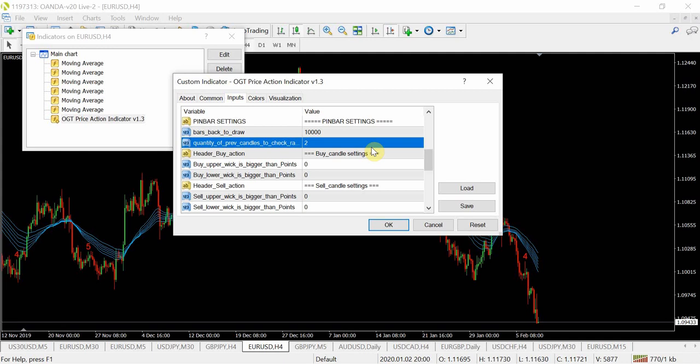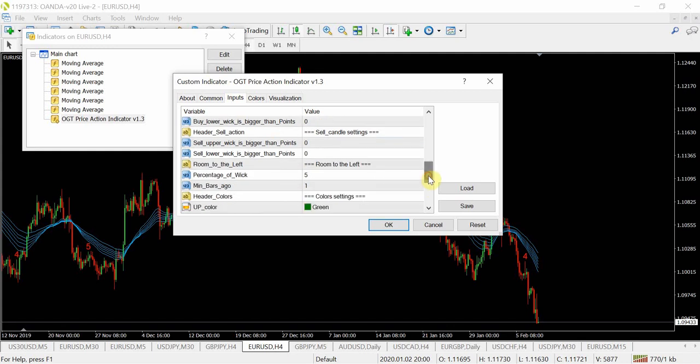So I don't need to be as stringent in terms of how many candles to check the range. Again, you can put 4, you can put 8, you can do whatever you want, but I have lowered that down to 2. And I've lowered the percentage wick down to 5% of the top or lower wick, and the minimum bars is just 1, because what I'm looking for is a nice pin bar.